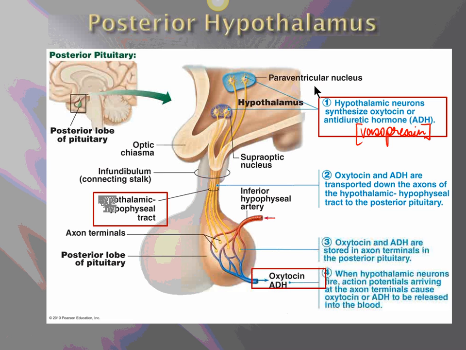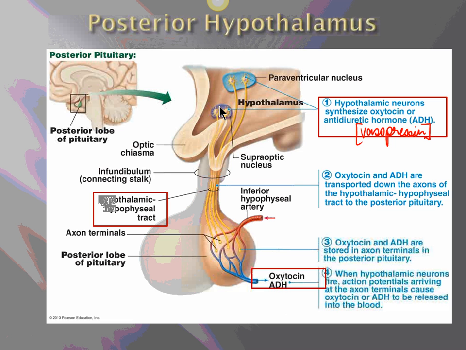Like a nucleus was a collection of nerve cell bodies, a tract is a collection of axons. Because it connects the hypothalamus to the posterior pituitary, these axons are collectively called the hypothalamic hypophyseal tract, because another name for the pituitary is the hypophysis cerebri. Okay? So hypothalamic hypophyseal tract.